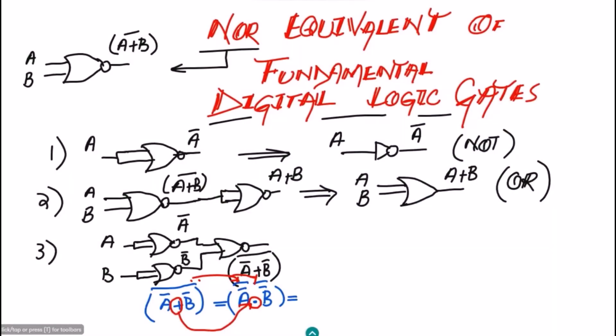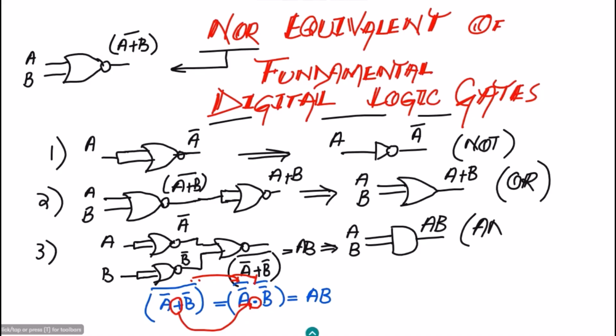Therefore I will get AB. Similarly, at the output of it I will get AB. This is the AND property, the same property which a very fundamental gate possesses, and that gate is called the AND gate.